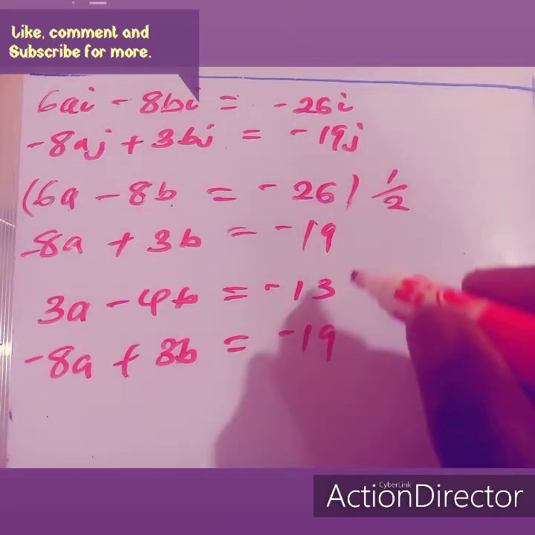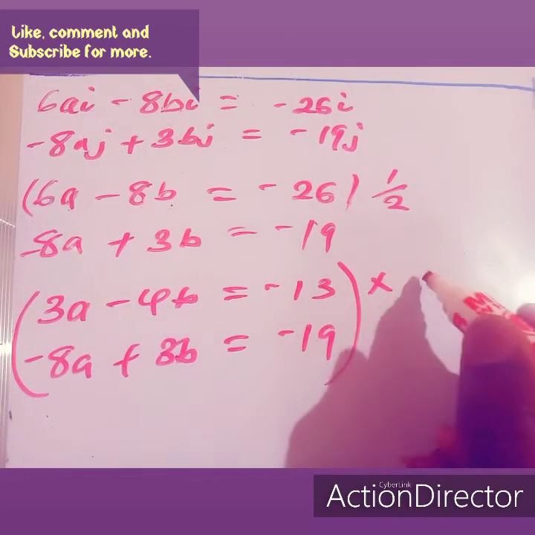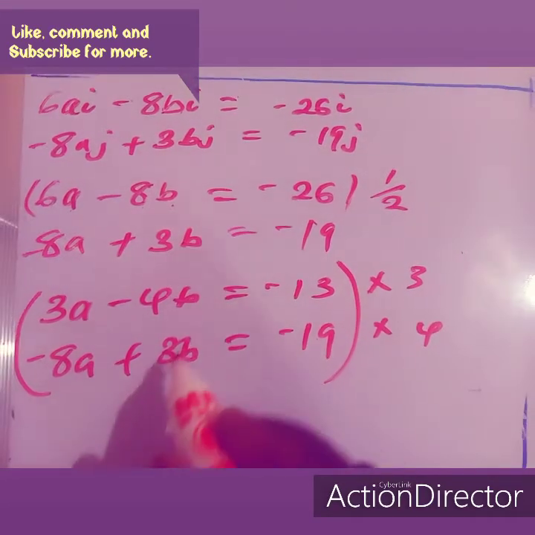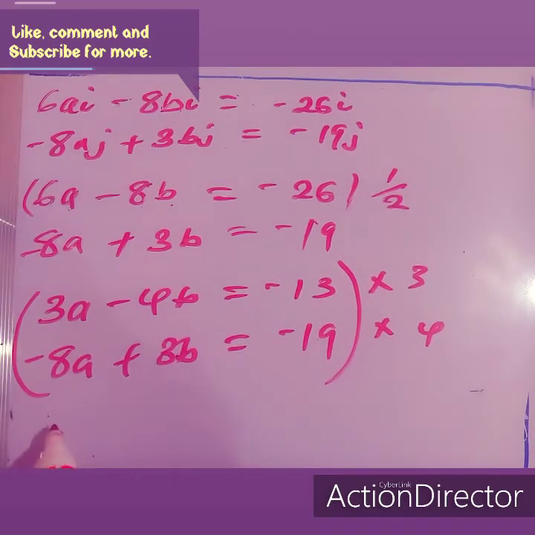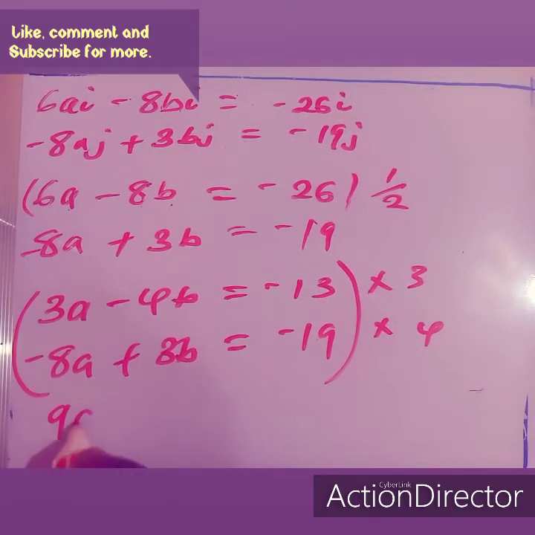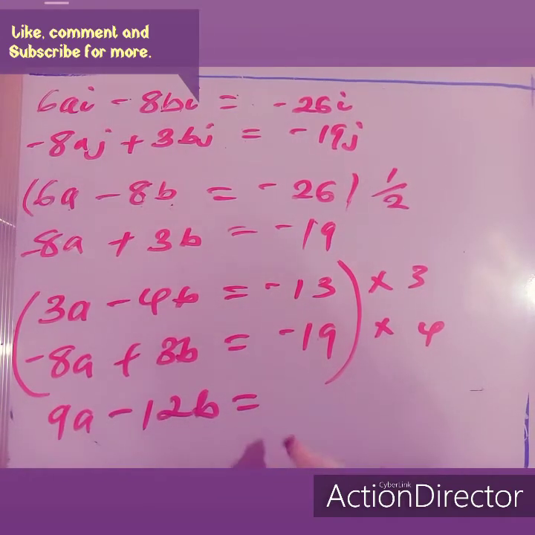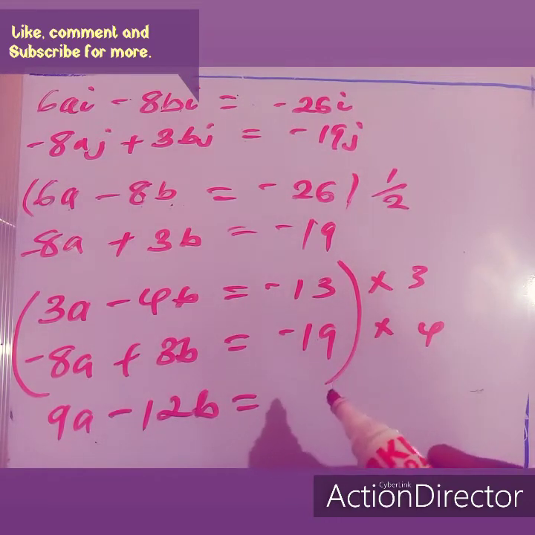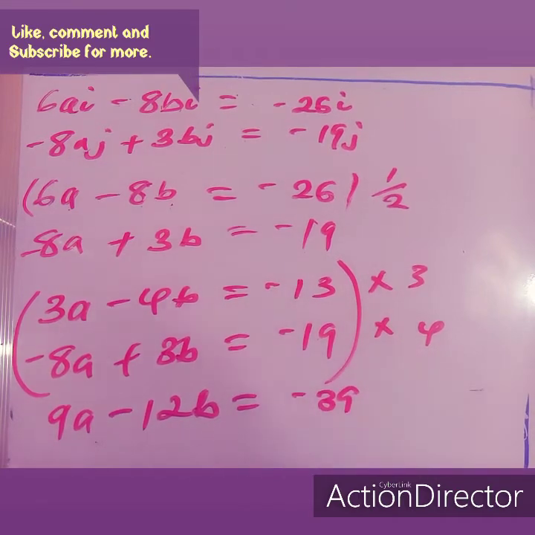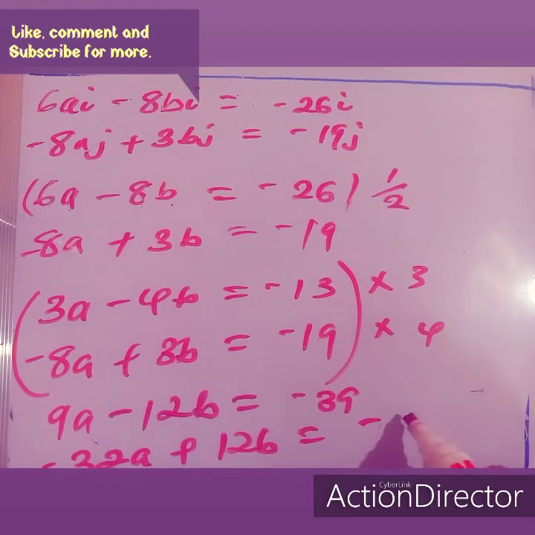Okay, so you can multiply by 3 and multiply by 4, so that we cancel out the b. So we have 9a minus 12b will be equal to minus 39. Then down here we have minus 32a plus 12b equal to minus 76.